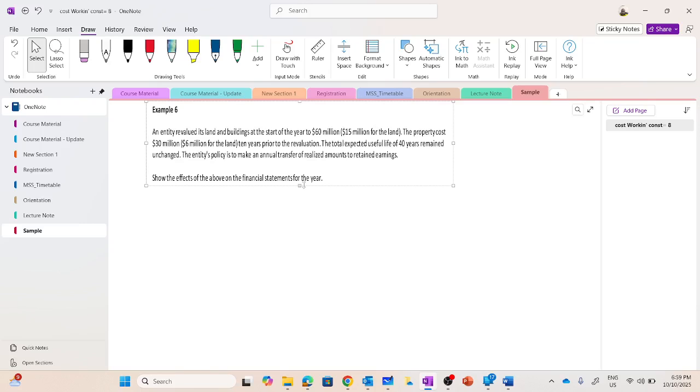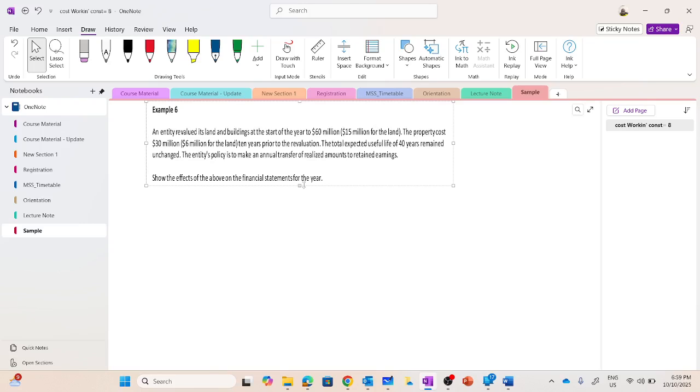So let's solve this question and let's see how best you can comprehend this information. Very much important. And then now let's collect some data we can use.